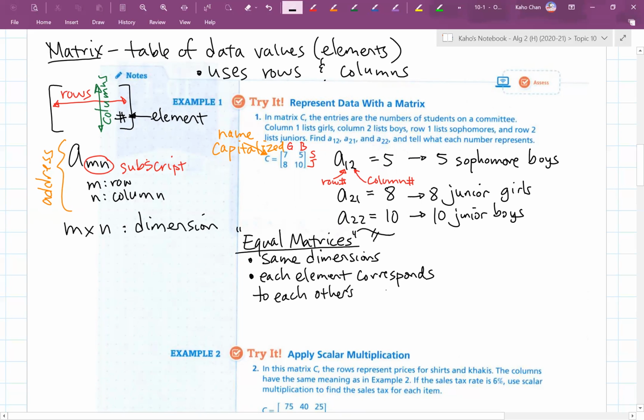In math, the word corresponds kind of reminds me of when you're in geometry and you're referring to alternate interior angles or corresponding angles. Those kind of things are referring to the same position. In the book, there's a quick example involving equal matrices and how we can solve. This is the one in the book, example 1C, and this is what it looks like. Write this down.